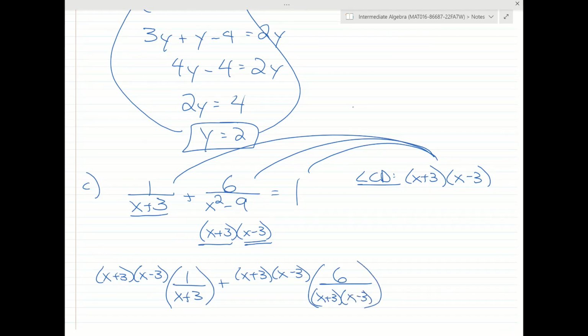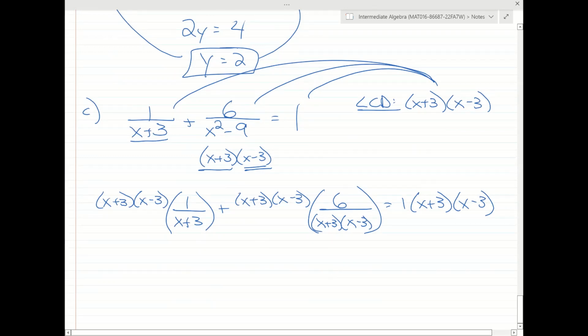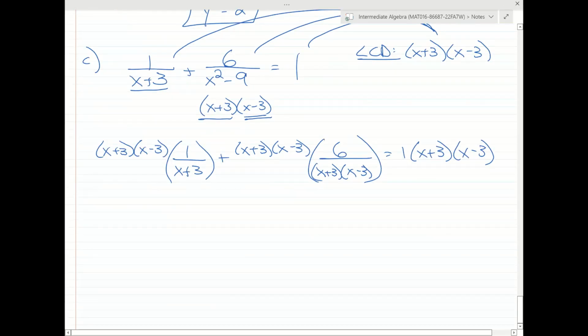But a common mistake is people forget to multiply the 1 by a 2. We're going to do 1 times x plus 3 x minus 3. These will cancel.